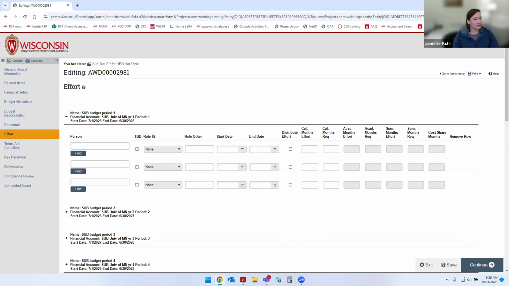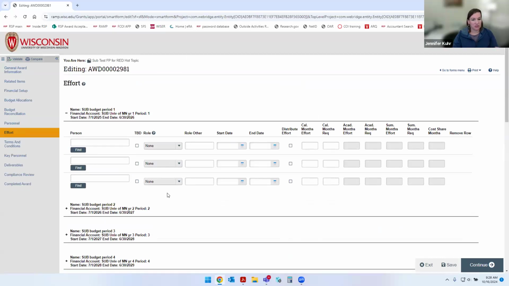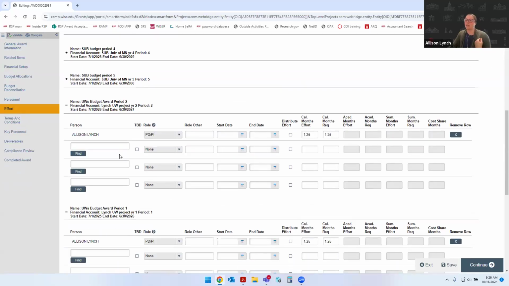Do we have to do all the years at the same time, Allison, or can we do just the first year? Especially since historically for awards like this, where we're awarded the entire period of performance, I generally like to see effort listed for all years, especially since effort isn't something that we change from year to year, especially for the person listed on the notice of award.